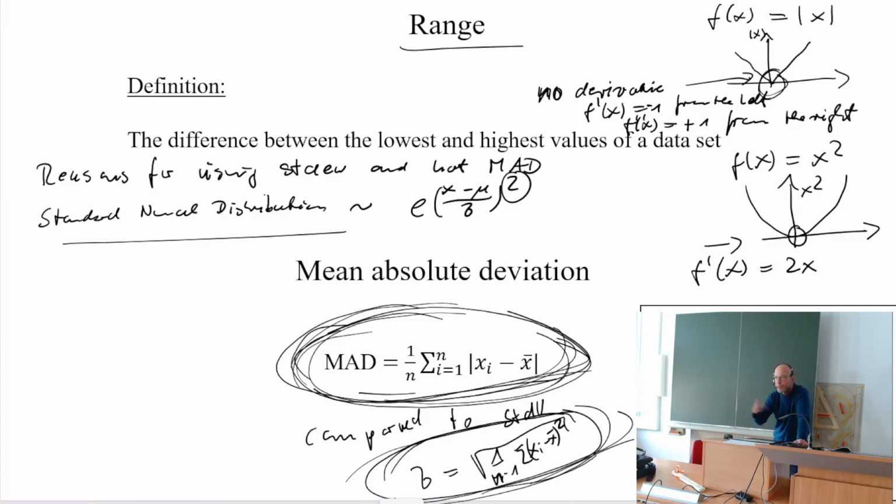And for this, from a maybe philosophical standpoint, it is then a good choice to use the squared distance as the standard parameter of fluctuation.